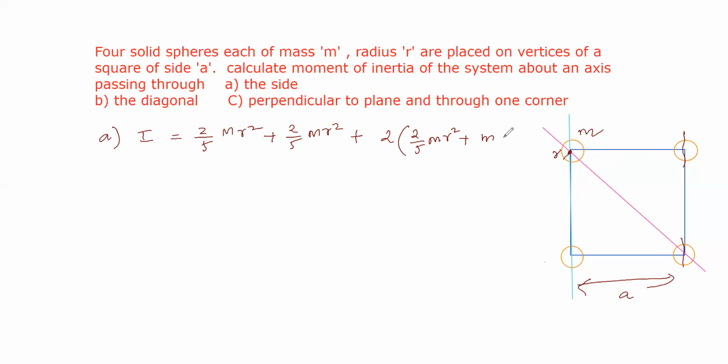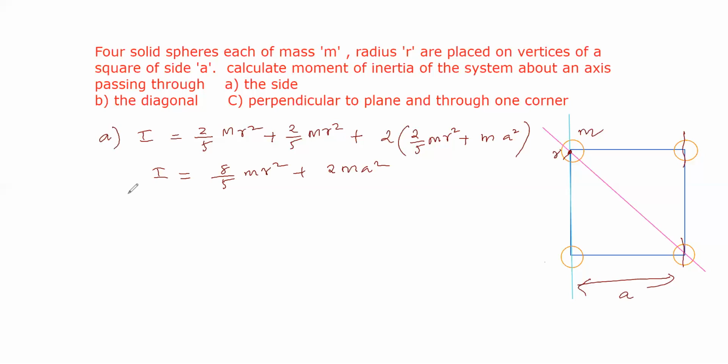So m x², where x is a here, so ma². Now these 2/5 mr² terms: 2 into 2 is 4/5 mr², so altogether we get 8/5 mr², plus 2 ma². So this is the answer for the moment of inertia about any side.